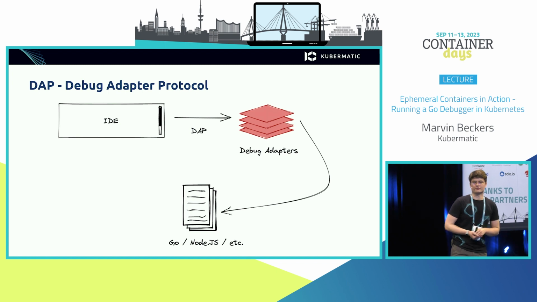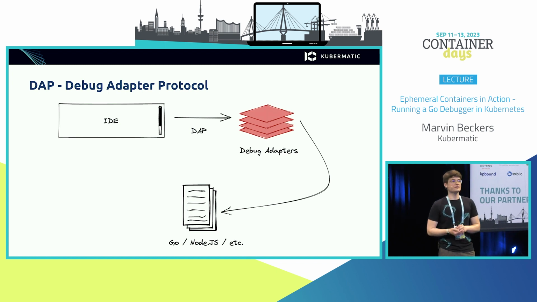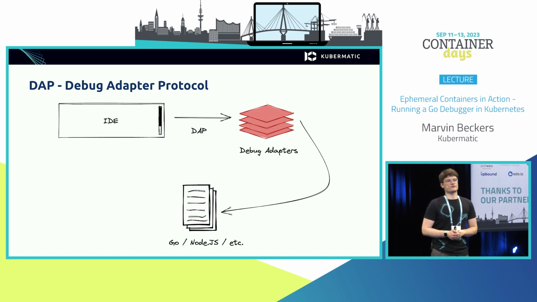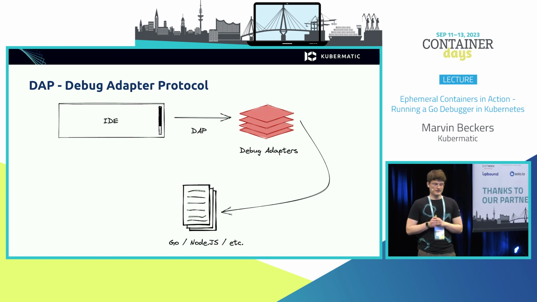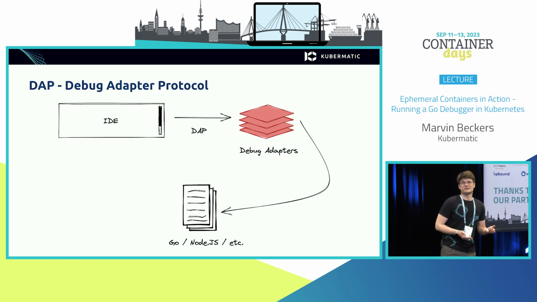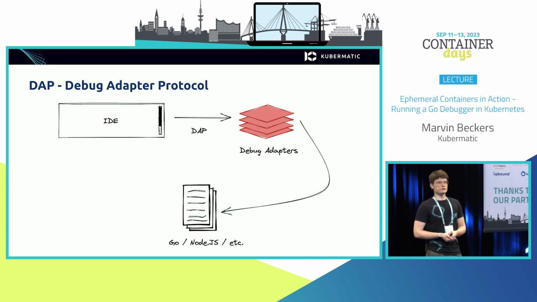I'm not sure how you should pronounce DAP. I'm going to call it DAP, but with three-letter acronyms, no one has an idea how to pronounce stuff. So DAP works with the following concept. You have a bunch of debuggers. In our example, it's Delve, but if you work with other languages, you might be using a different debugger, for example a debugger for Node.js, or maybe you're debugging a C application.